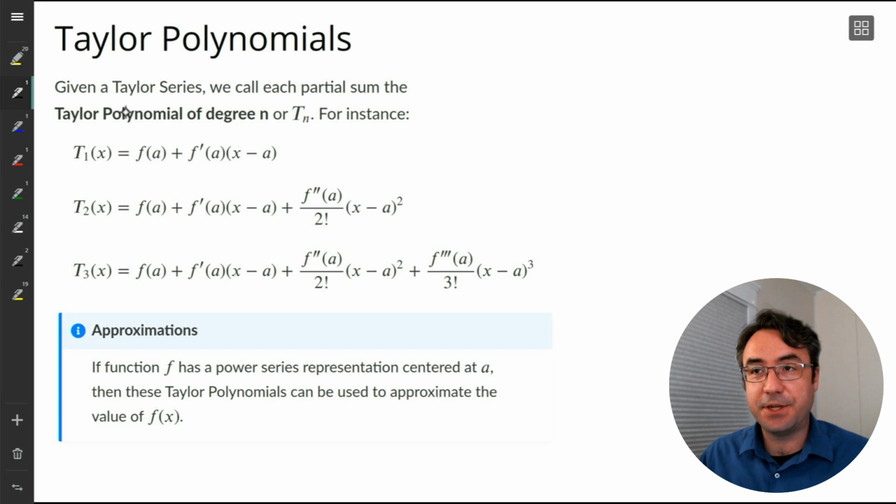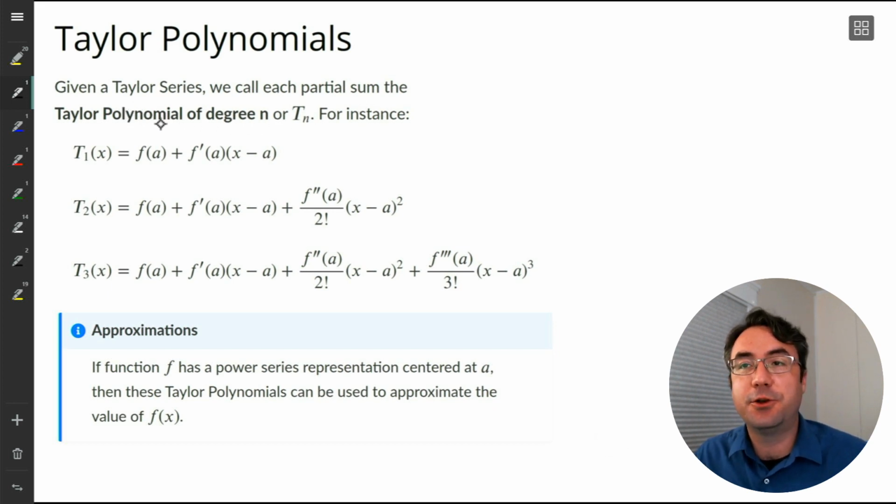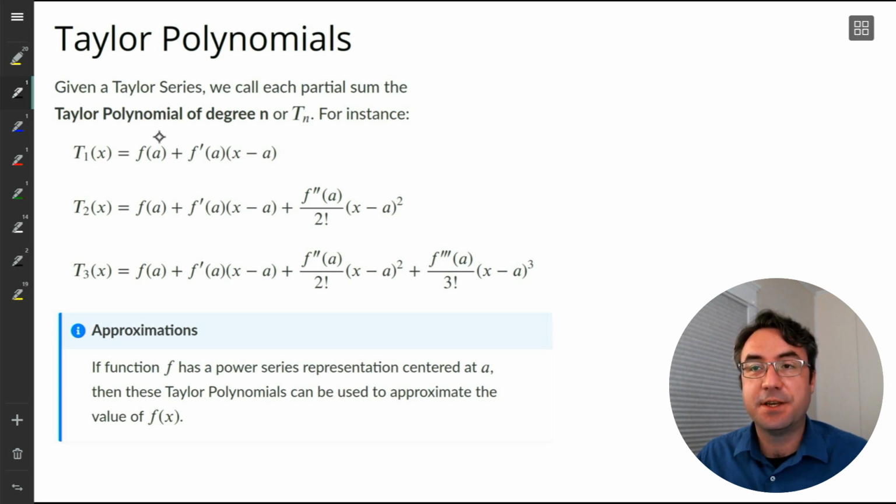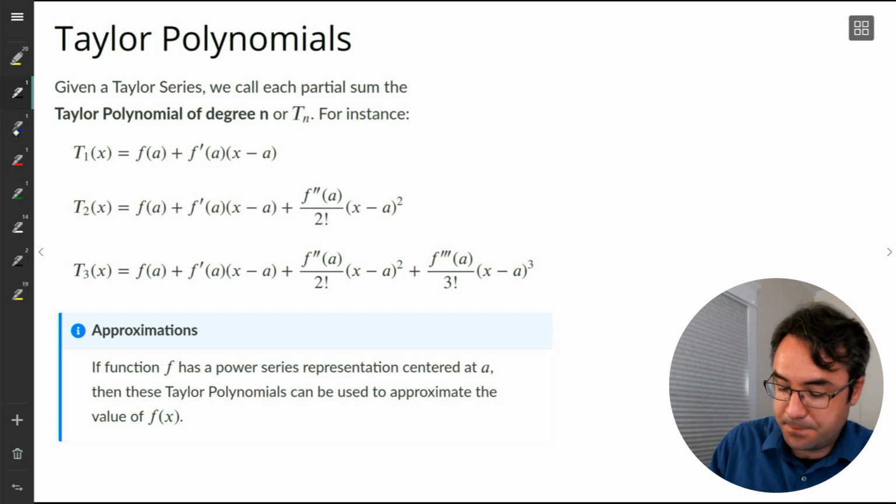So given a Taylor series, we call each partial sum the Taylor polynomial of degree n, or t sub n for short. So for instance, t sub 1 is just f of a plus the first derivative evaluated at a times x minus a. So it's just the sum of our n equals 0 and our n equals 1 terms.